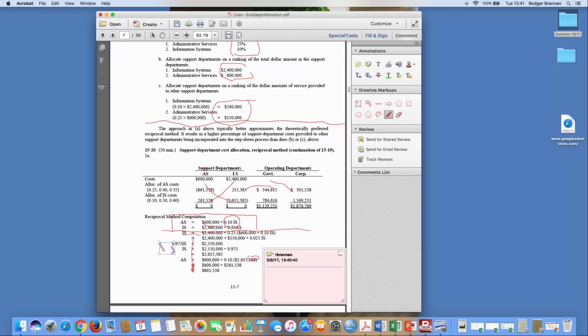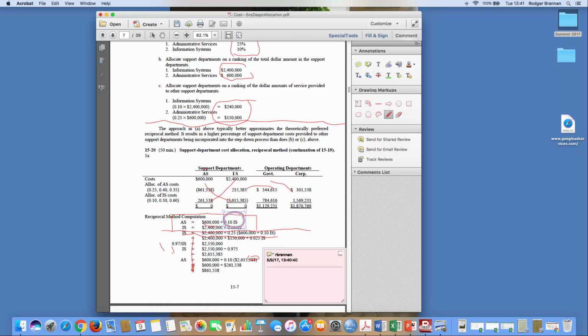Now, if I look at this, I can choose to solve either of the equations. In this case, they decided to solve information services. So I insert the administrative services in here, and so everything is in terms of IS.